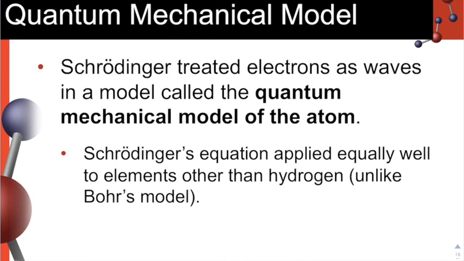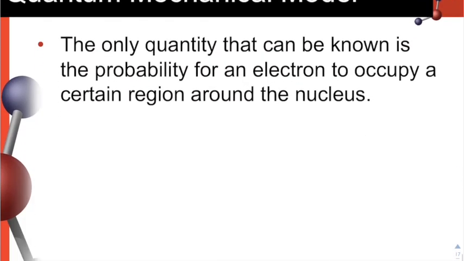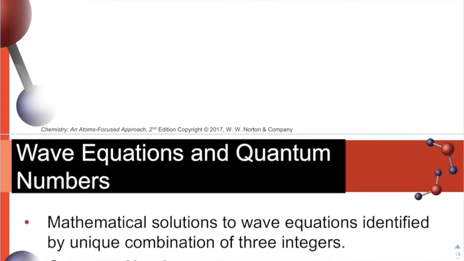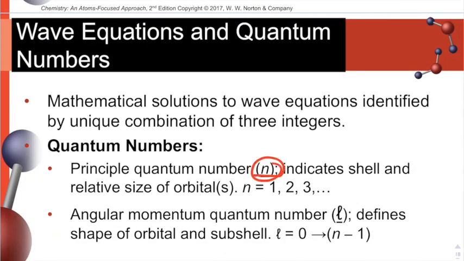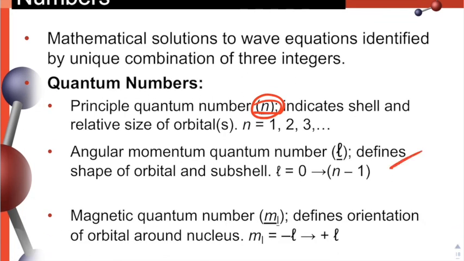And that's what Schrodinger's work did, and all the equations he developed lead to basically quantum numbers. The n you saw in the Bohr equation, or the Bohr explanation of his model, is one of the quantum numbers. But we're going to add two others, and ultimately we'll add a third one in class.